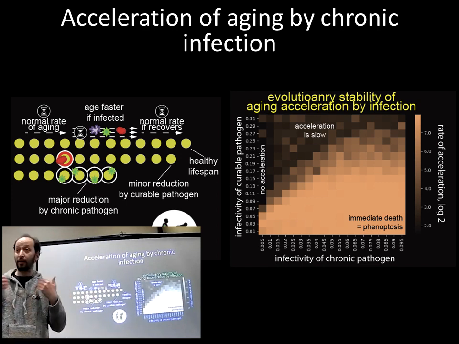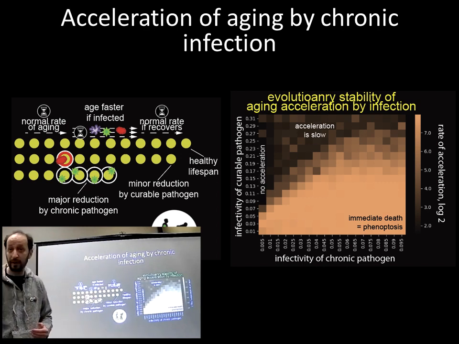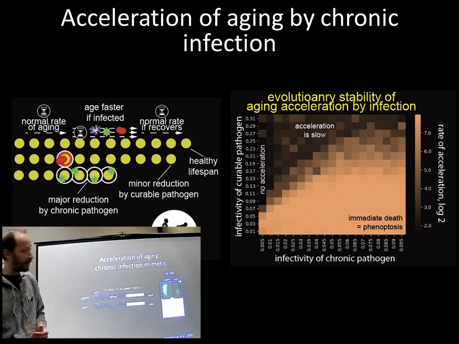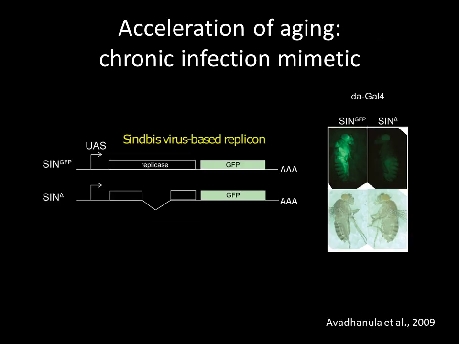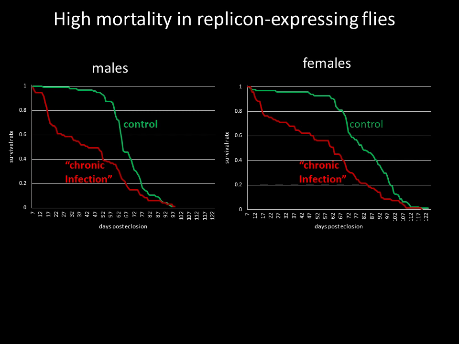Meaning that chronic infections should accelerate aging. We tried it in flies again, using replicons. These are genetic tools to mimic infection in animals. And we can see that these chronically infected flies are dying faster.